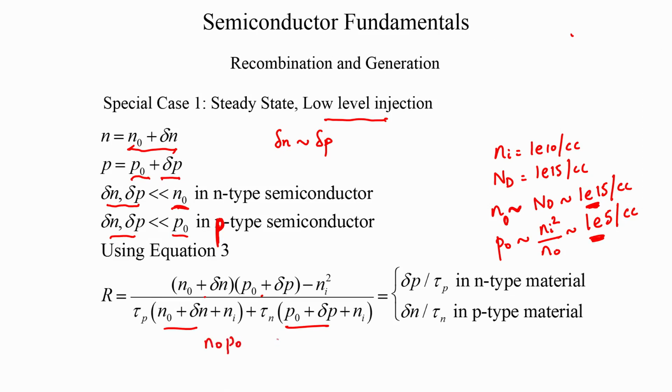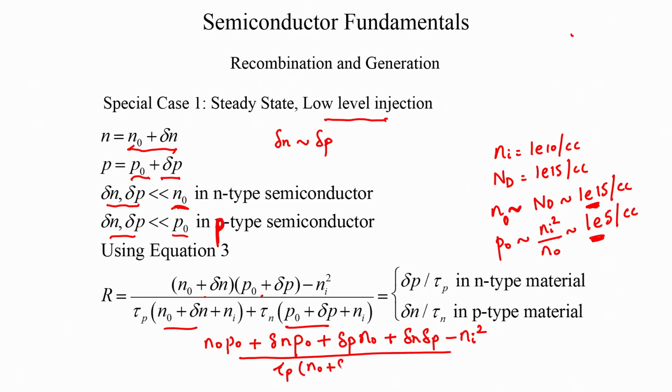You will end up with the numerator being n naught p naught plus delta n p naught plus delta p n naught plus delta n delta p minus ni square, the whole divided by tau p into (n naught plus delta n plus ni) plus tau n into (p naught plus delta p plus ni).